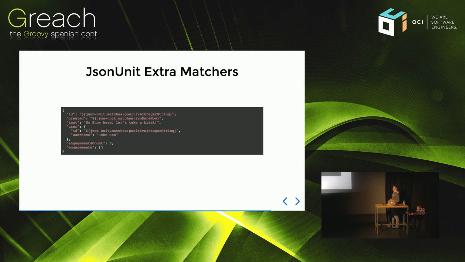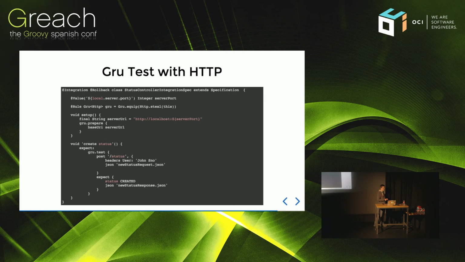And if you are not happy just running this in the unit phase, you can very easily go to the integration phase, because Groovy also supports a plain HTTP client. So you just run this as integration, rollback, and you get the server port injected. This is the way we can get the server port injected in your integration test.